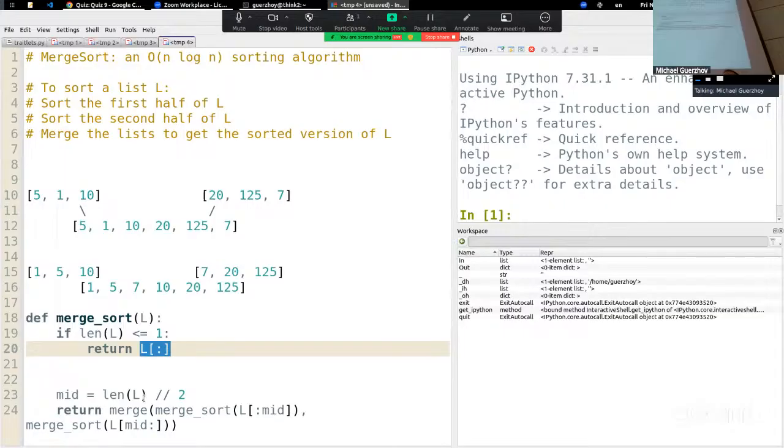So that's just for symmetry. Right? So that's merge sort. That's all it is. The basic idea is sort the first half, sort the second half, interleave. So what's left to do is to write the merge.